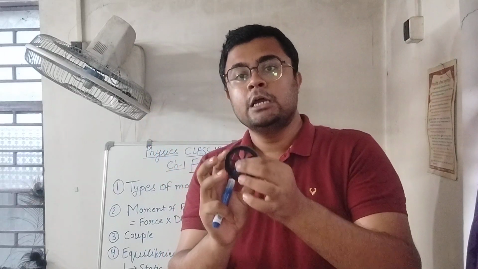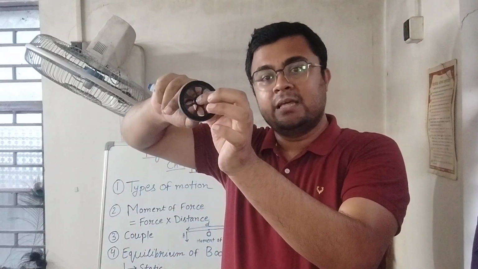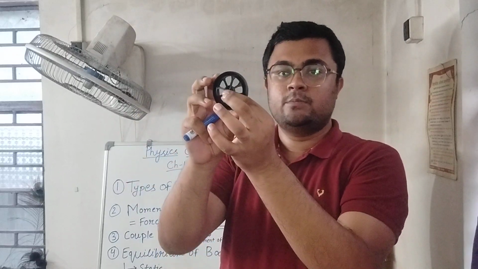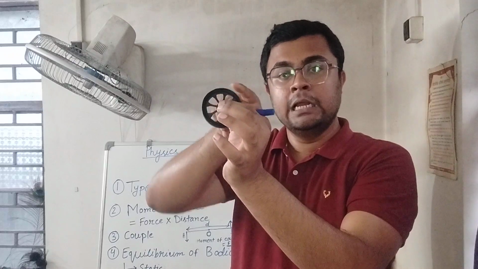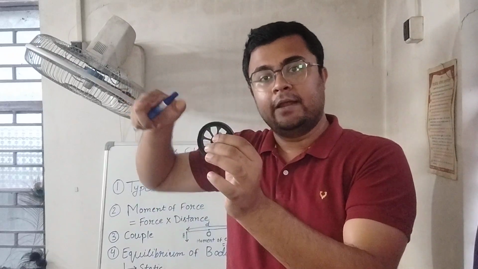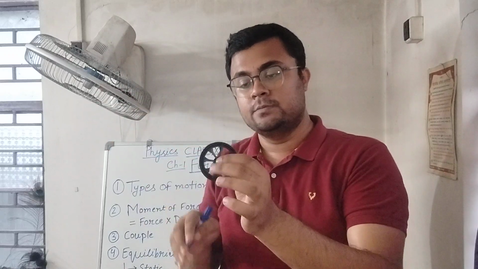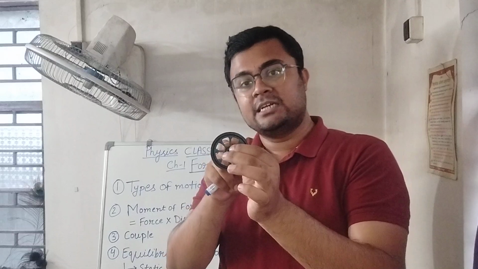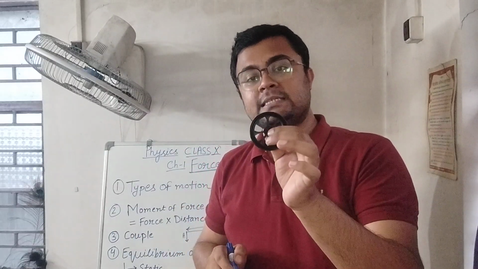So this wheel is fixed at the center, and when we apply a force tangentially at the rim of the wheel, the wheel is rotating, right? So a turning effect of force is being produced when we apply force here. This wheel is fixed at a certain point, and when we apply a force, a turning effect is produced. Now what is happening?